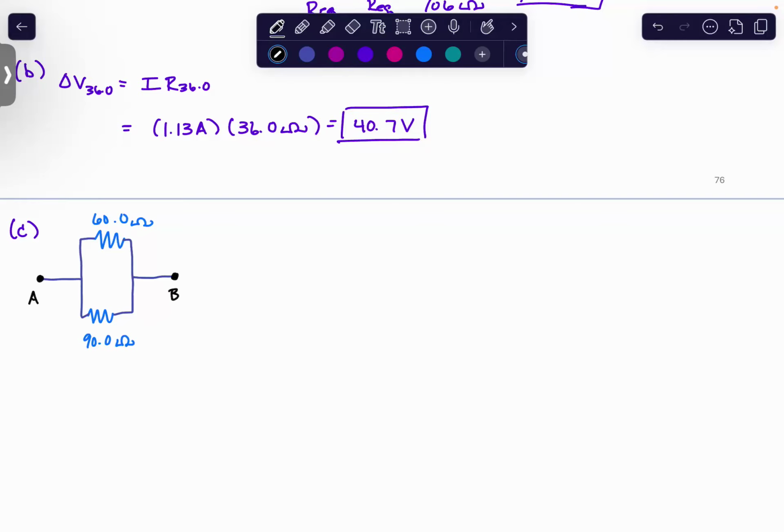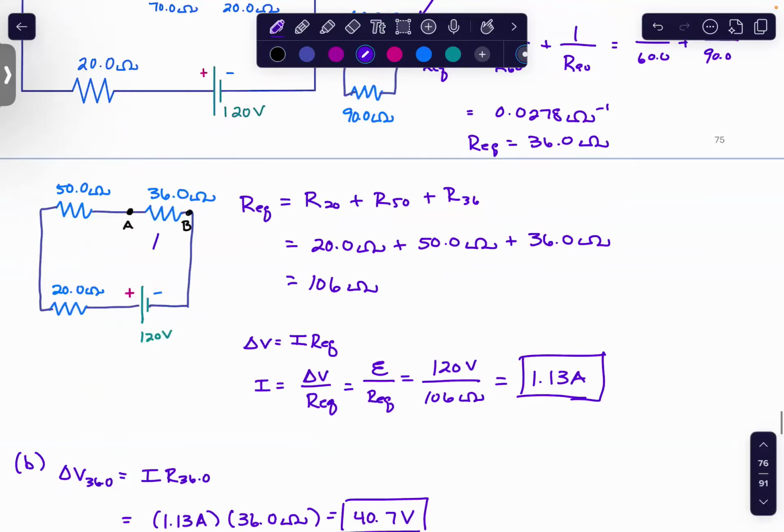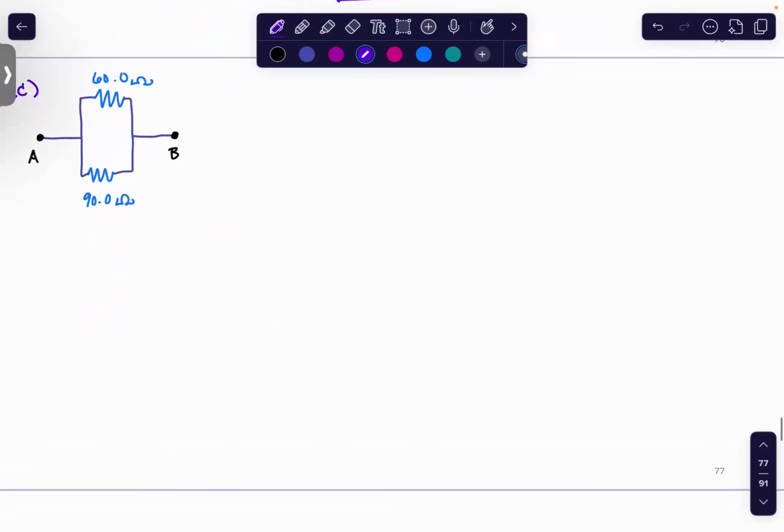Now, we found the delta V across that 36 ohm resistor right here, which is the combined resistors of that branch. So now that means each one of these is going to have the same delta V.